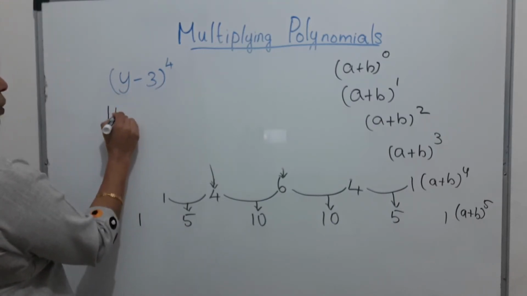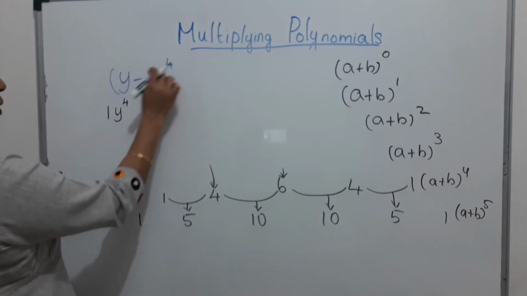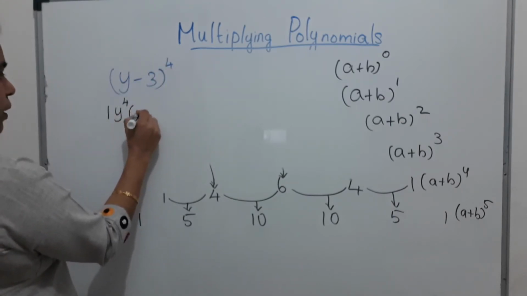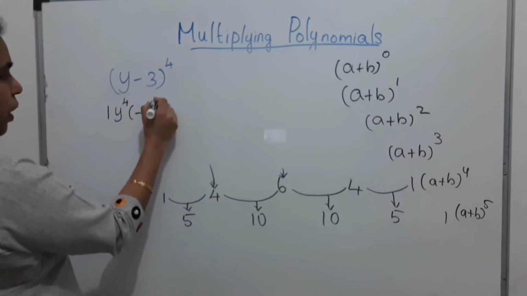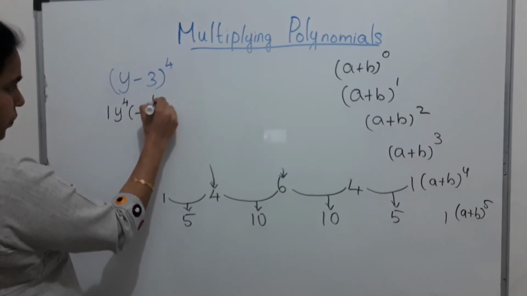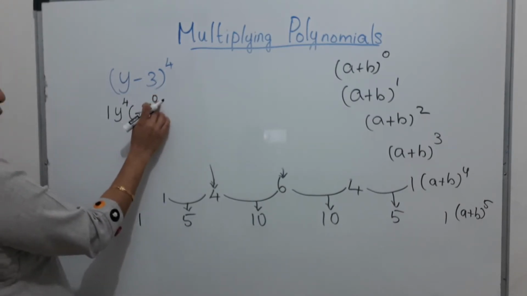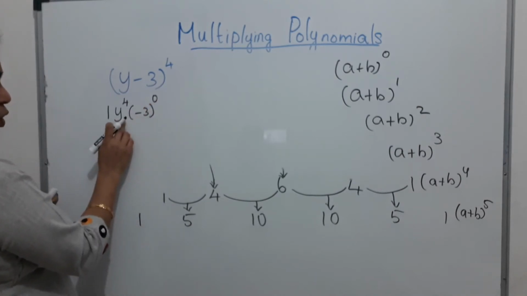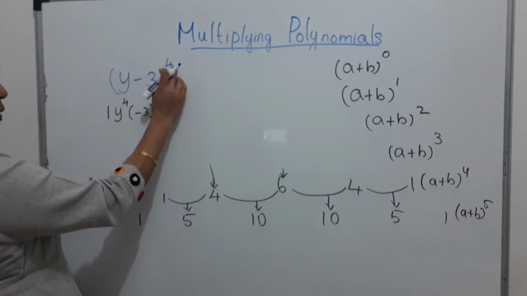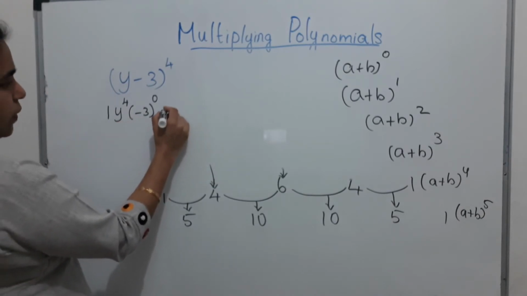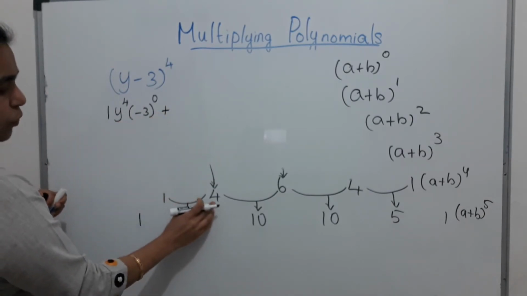And for the second term, the power will be increasing. So here you have y to the power 4, and then negative 3 to the power 0. Okay, so you have to start from 0 for the second term, and you have to start from the power whatever it's given for the first term. Okay, and then plus, what is the next number? 4 in here.